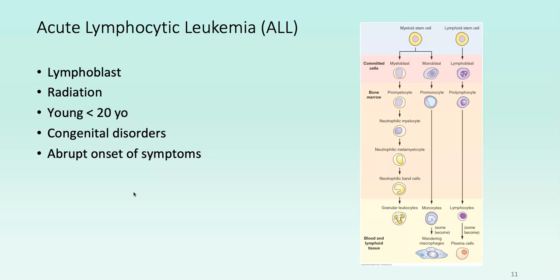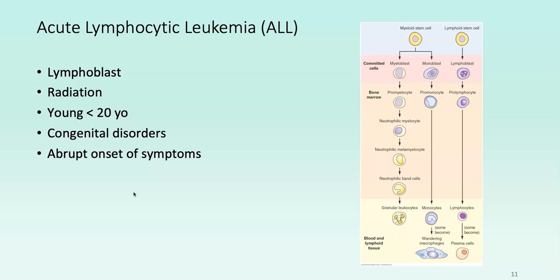The symptoms can result from the overwhelming proliferation of immature lymphoblast cells and the need to store them somewhere. This is why the symptoms for ALL are associated with lymph nodes and organs associated with the lymphatic system, such as the spleen.